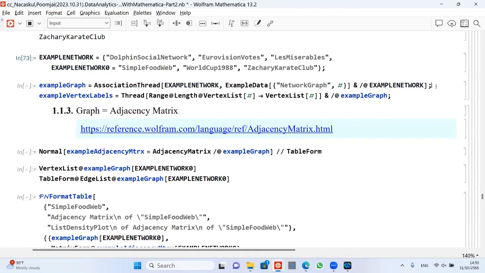Let me show you what it looks like. Basically, I just give the association, the name, and the example data with that name. Once I've got this, Shift Enter. It'll take a while because it actually goes on the internet, I think.